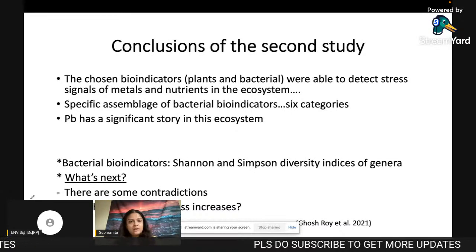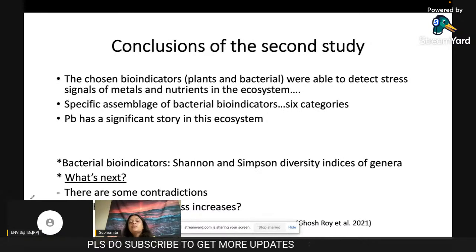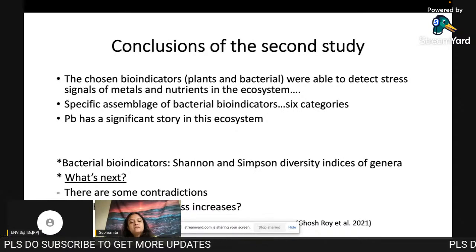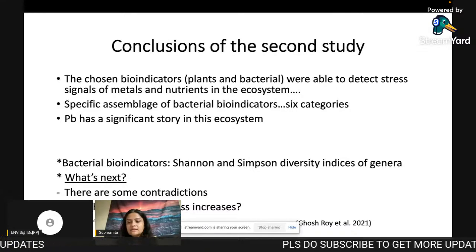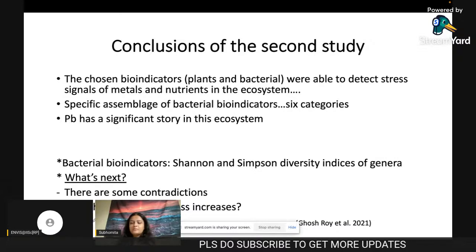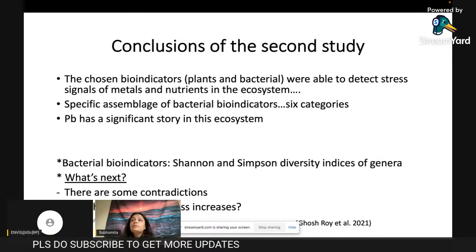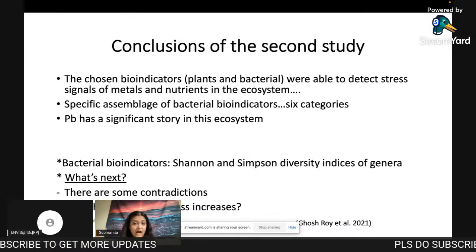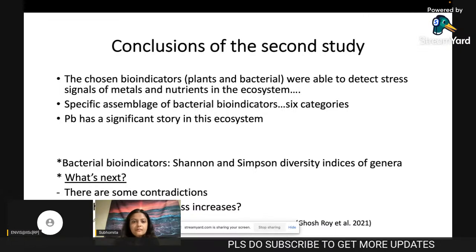They can show us different stories sometimes. But the most important thing that we were interested in was what could happen if we increase the stress. And this is a natural ecosystem, so stress can sometimes be really high, and sometimes really low. So we wanted to know, if the stress is really high, how will these indicators react to that.